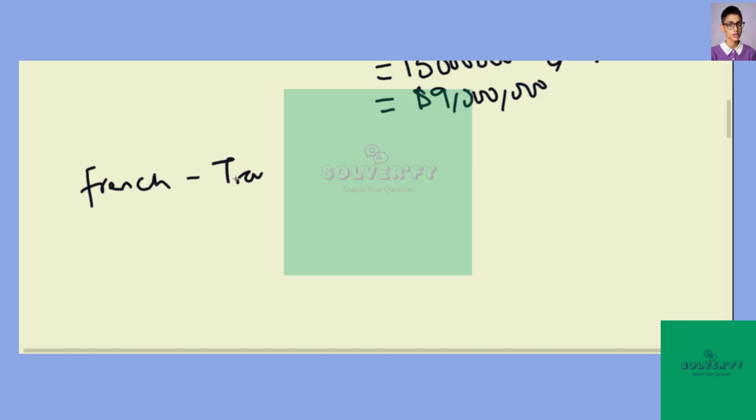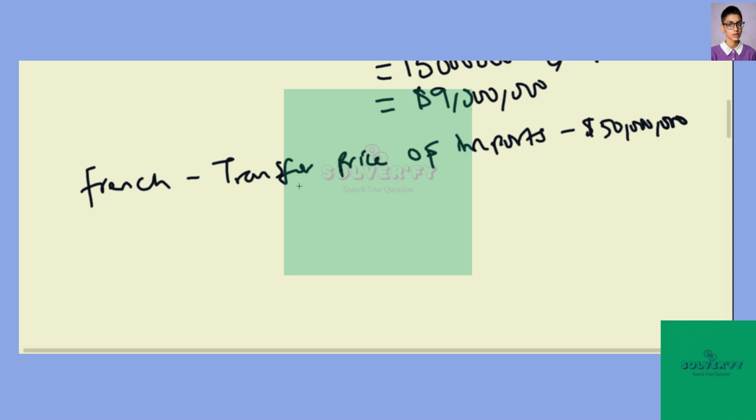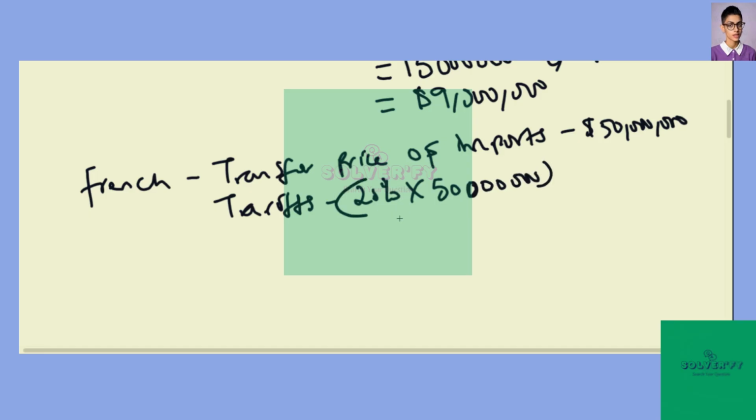So the transfer price of imports in France is $50 million, and the tariff is 20% multiplied by $50 million. So this is equal to 10 million.